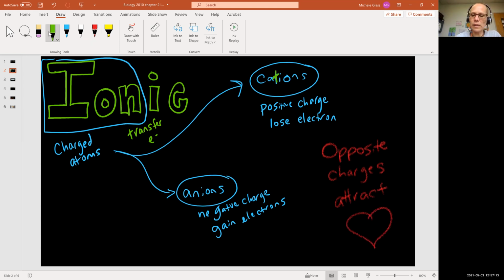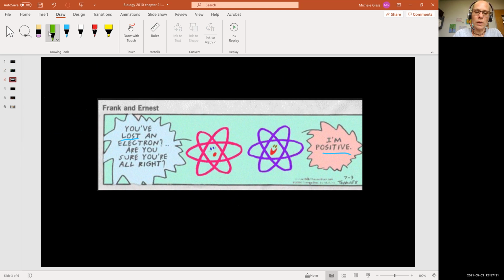And so we're going to see that the cation and the negative anion, they are in love, right? So they are attracted to each other. So this is going to be a key feature of the ionic bond. To help yourself remember that your cation is losing electrons, here's this little comic strip from Frank and Ernest to help you with that.